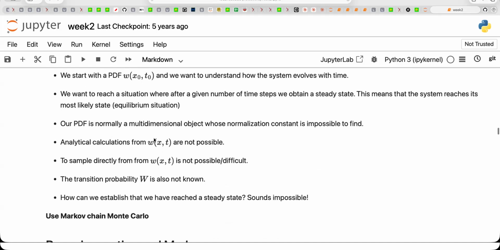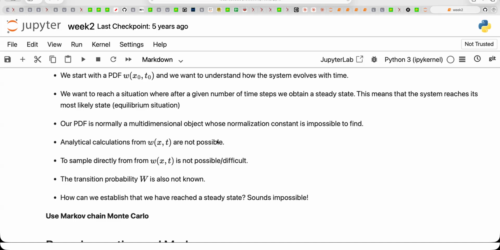And our PDF, probability distribution, is normally a multi-dimensional object. If you think of the quantum mechanical wave function, one of the tricky things is evaluating the normalization constant. If you have 10 particles in 3 dimensions, your integral for the normalization constant is a 30-dimensional integral. And clearly that's a pretty difficult task to evaluate properly.